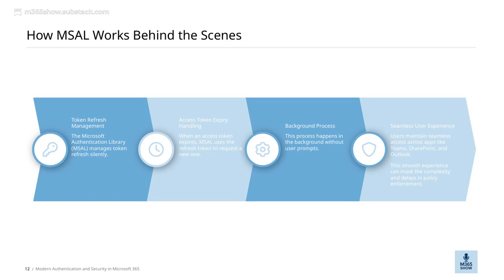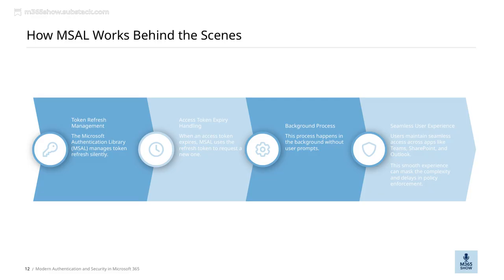Let's take a look at how MSAL works behind the scenes to support modern authentication and security in Microsoft 365. On this slide, you'll see that users enjoy seamless access across popular apps like Teams, SharePoint, and Outlook. This smooth experience is essential, but it's important to recognize that it can sometimes mask the complexity and potential delays involved in policy enforcement.